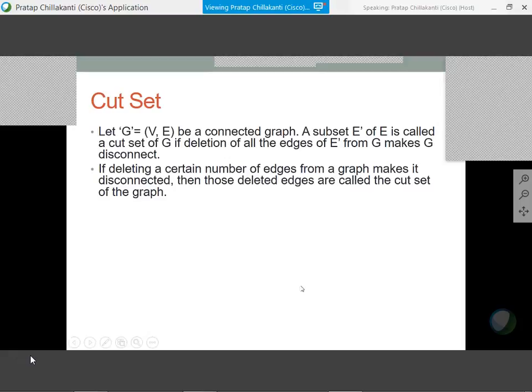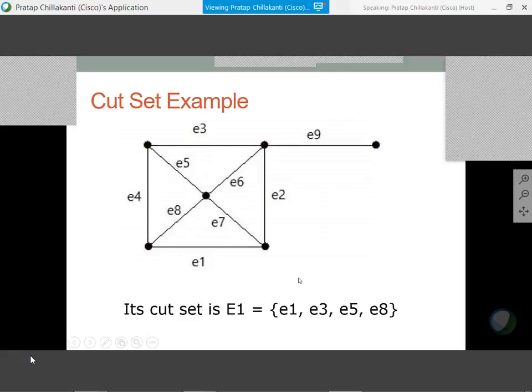I think I have some example here. What is the cut set here? As you can see from this graph, if you remove edges E1, E3, E5, and E8, you're going to get two disjointed graphs.